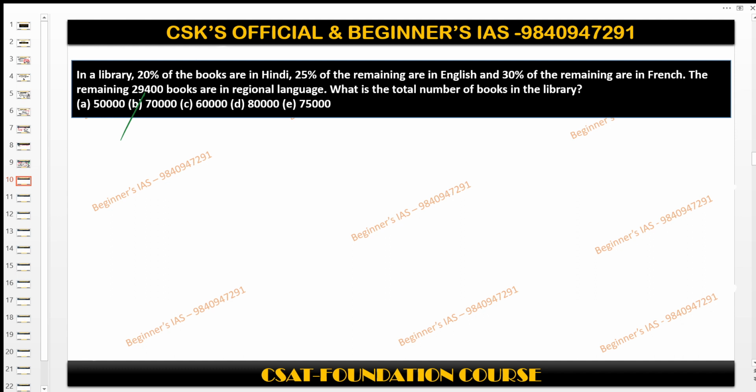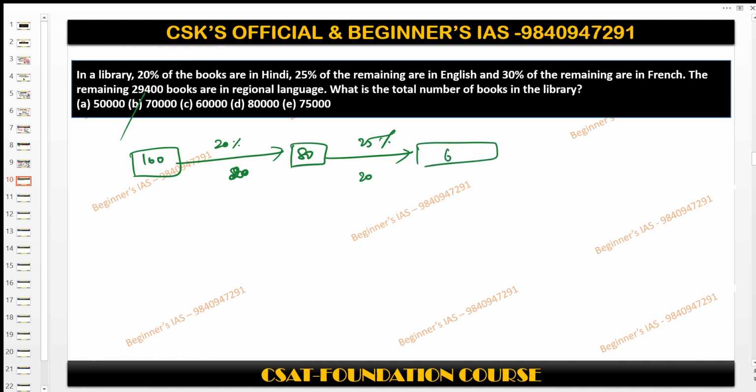Okay. So 100, 20% you spend. So what is the 20%? 20. That leaves 80. Out of this, you have spent 25%. So 25% is 20. That leaves 60.